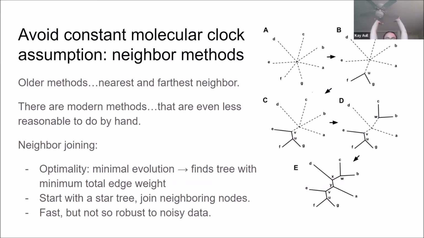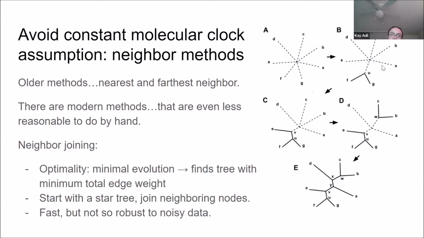The one name that you might see mentioned is neighbor joining, where the idea is that you are trying to start with this star and then figure out where to join these clusters such that the weight of the edges in the final tree is minimum.